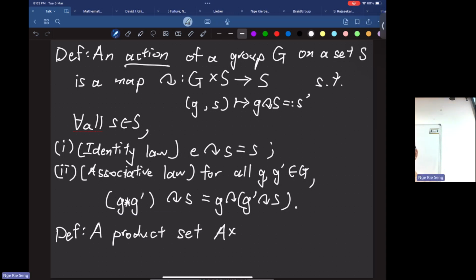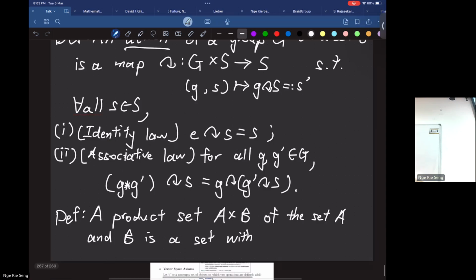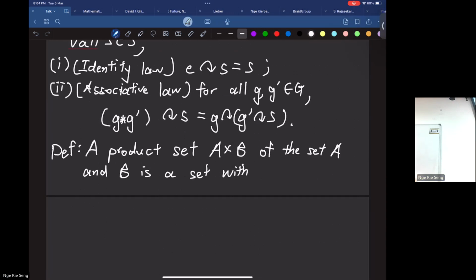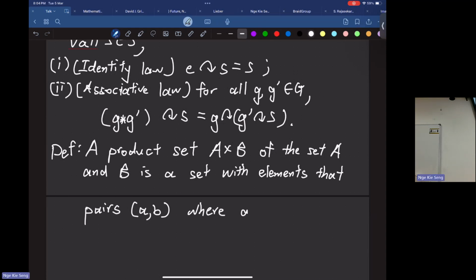The product set A cross B of the sets A and B is a set with elements that are pairs (a, b), where a is in A and b is in B.